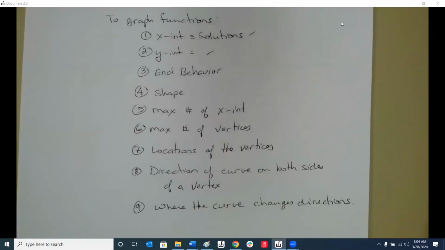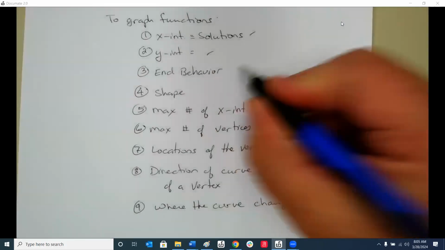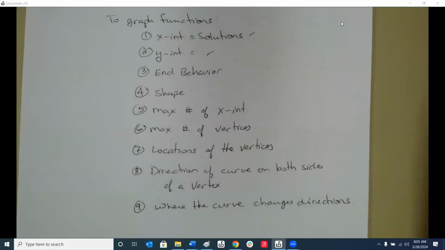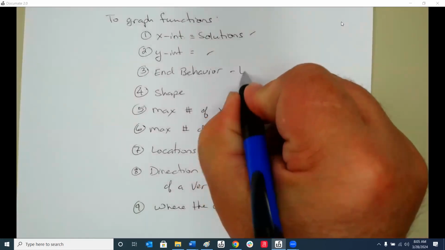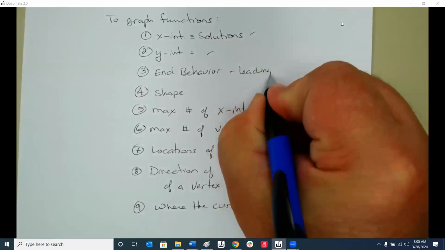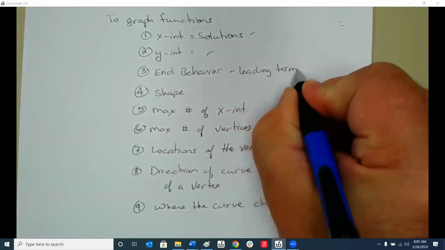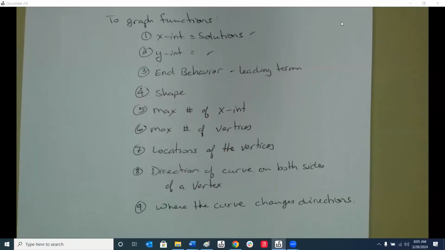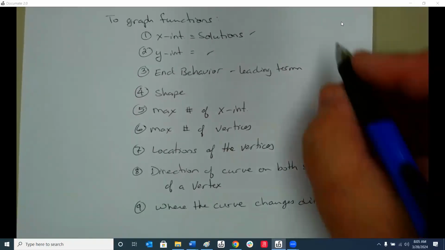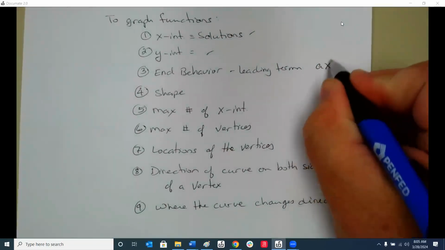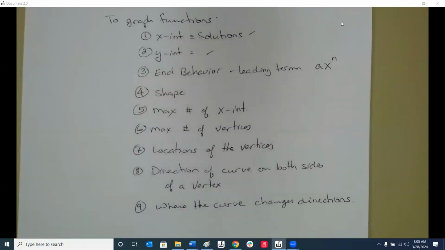It's always the constant of a function. How do you know the end behavior? Look at the leading term. The leading term is the one with the highest exponent.